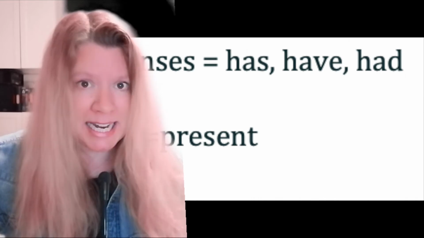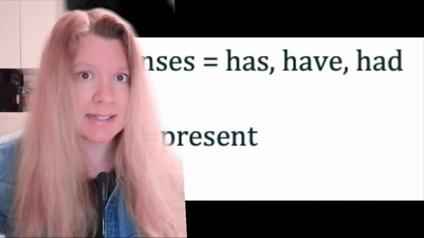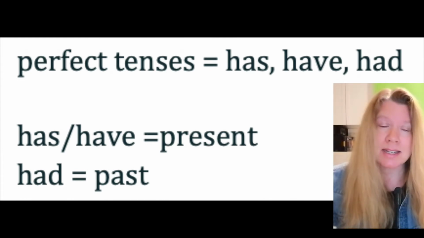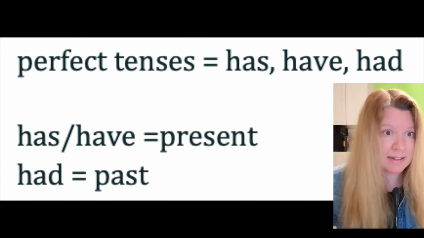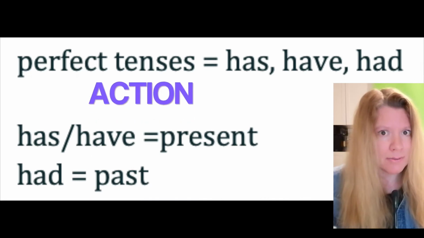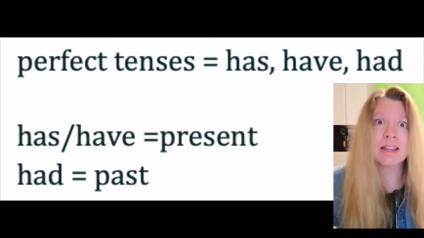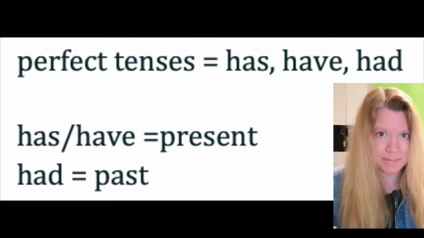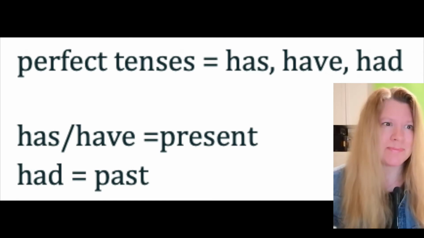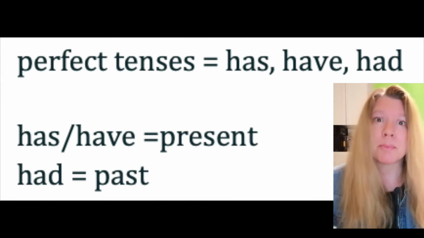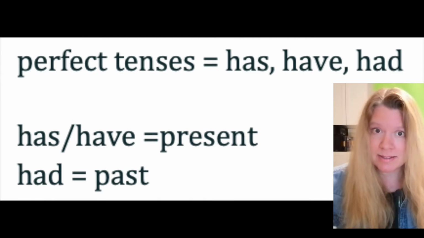A perfect tense uses has, have, or had. So anytime you see has, have, or had, and a verb or an action, you're going to know that that's the perfect tense. Okay? Now, has and have are present tense, right?